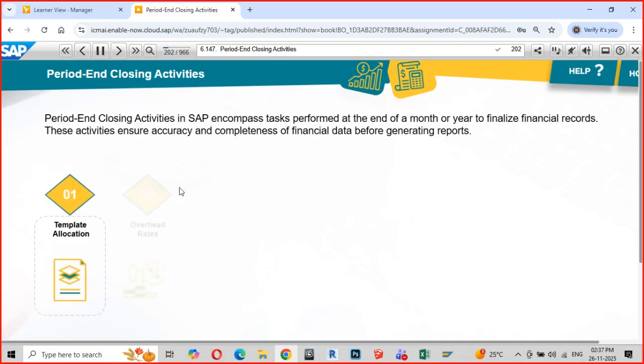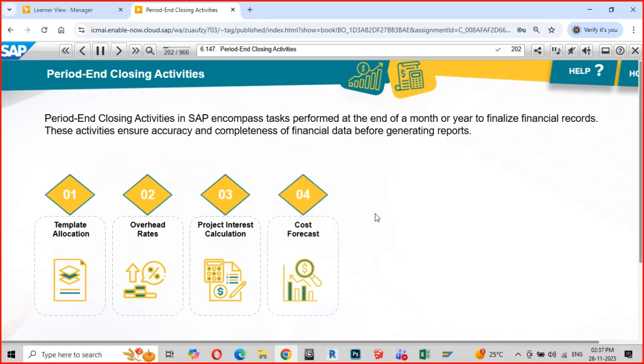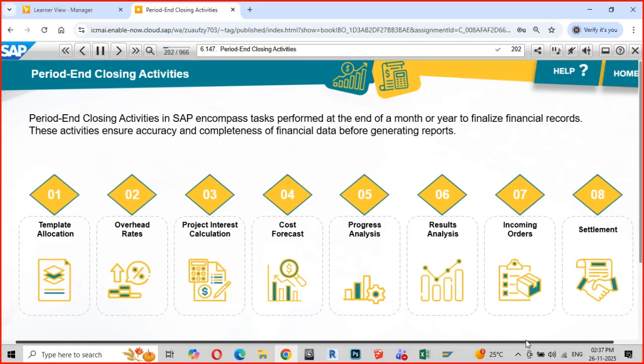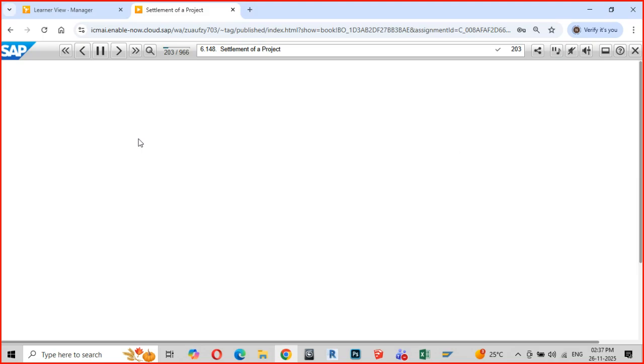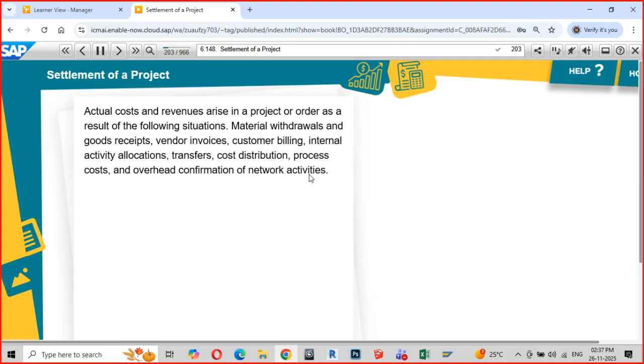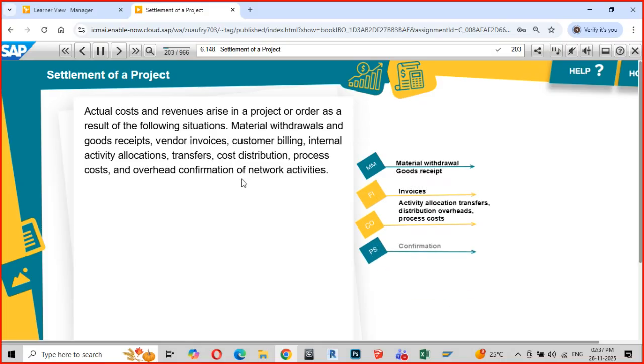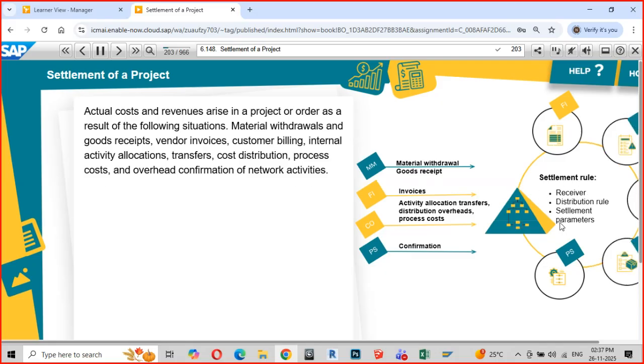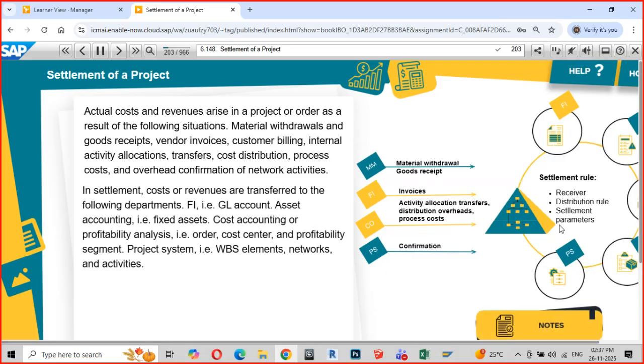Period end closing activities. Elaborate steps. Okay. Settlement of a project. We are already aware of what is the settlement rule, the receivers, senders, distribution rule, budget profile, planning profile.